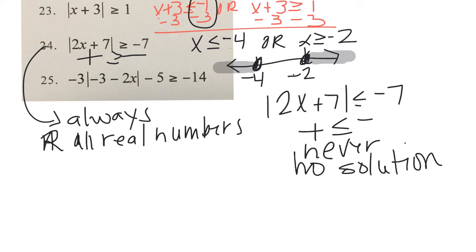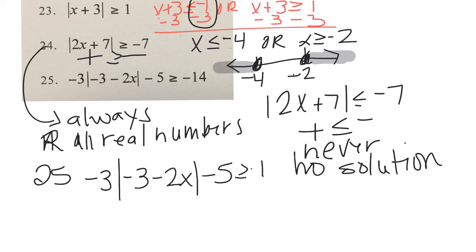Number 25, negative 3 times the absolute value of negative 3 minus 2x, minus 5, is greater than or equal to negative 14. We have to get this absolute value by itself first. So to do that, I'm going to add 5. We can't determine whether it's no solution or all real numbers until the absolute value is by itself.